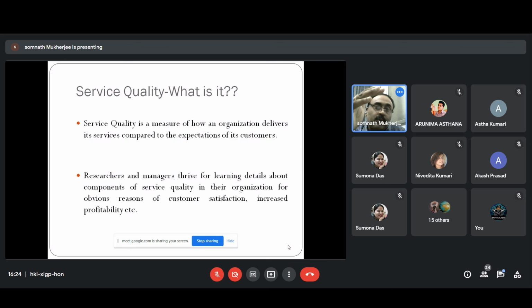So it's important, but is it the only dimension? That is what we will see. So by and large, we start with the proposition that it's a measure of how an organization delivers itself compared to expectations of its customers.